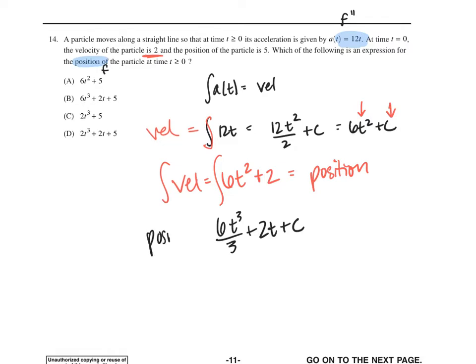This is going to get me my position. And again, they said at t equals 0, the position is 5. Well, if t was 0 here, we've got 0 plus 0. We need to get 5, so my constant in this case is going to be a 5. So instead of 6t cubed over 3, I'd go ahead and say we got 2t cubed plus 2t plus 5. I see that in answer D.